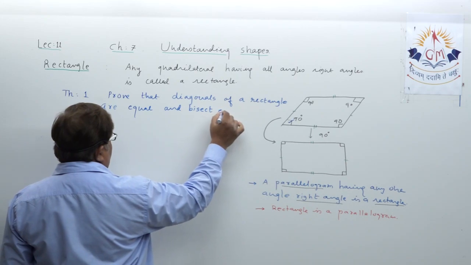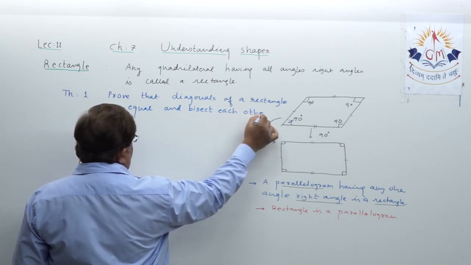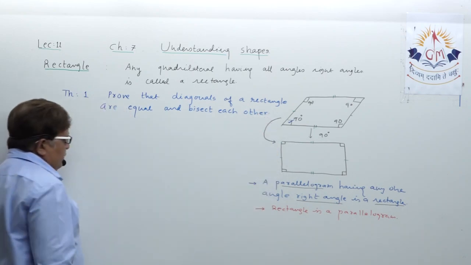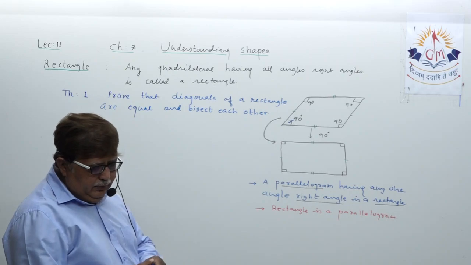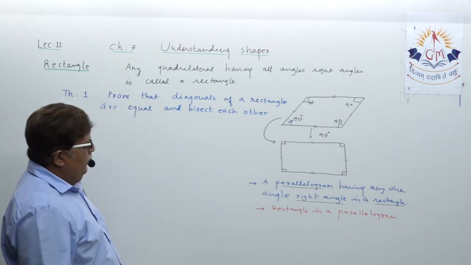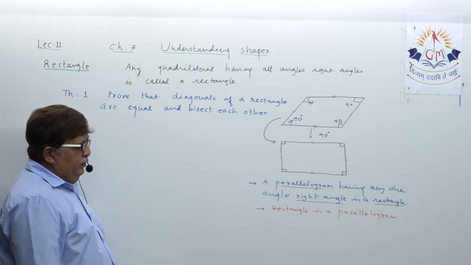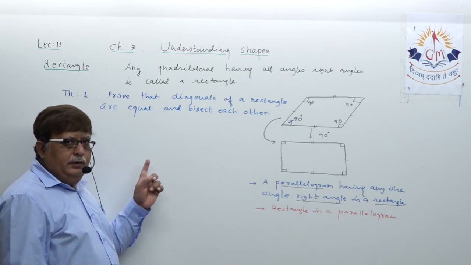That is what you have to prove. Diagonals of a rectangle are equal and bisect each other. That is what actually they are.